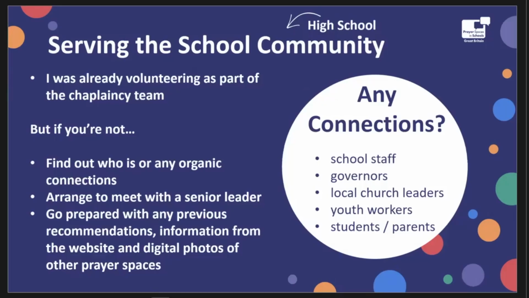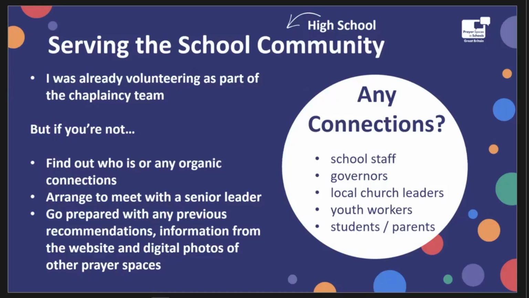So if you've done any previous prayer spaces, you could take photos or materials that you've used previously. But if this is your first one, then why not take in some of the articles from the Prayer Spaces in Schools website, or you could show them on social media, so that they can get a real picture of what we mean by a prayer space in school.